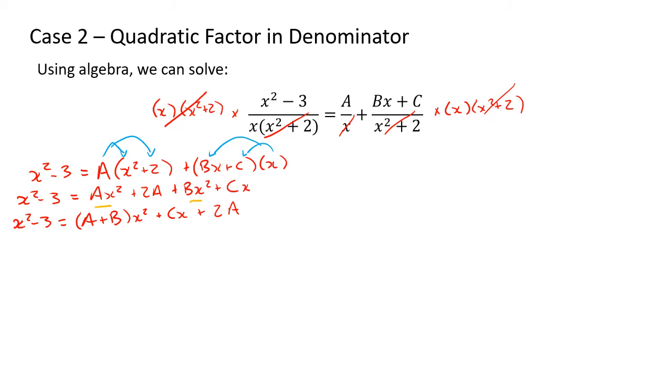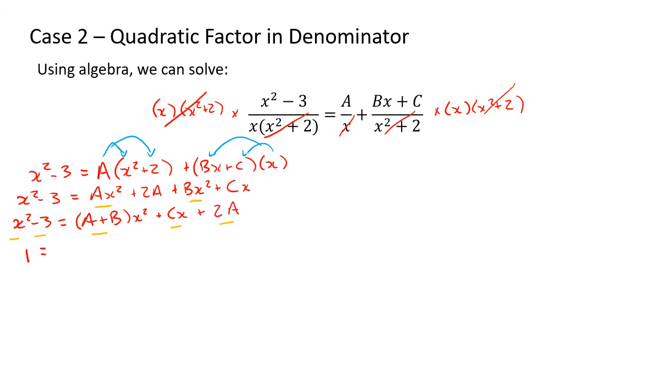So you can see I now have two terms on the left-hand side. One of them is an x squared term, and one of them is a constant. And I have three terms on the right-hand side. One with an x squared, one with an x, and one that's just a constant. In order for these two sides to be equal, the coefficients behind each of these must be equal. On the left-hand side we have x squared, so that coefficient is 1.